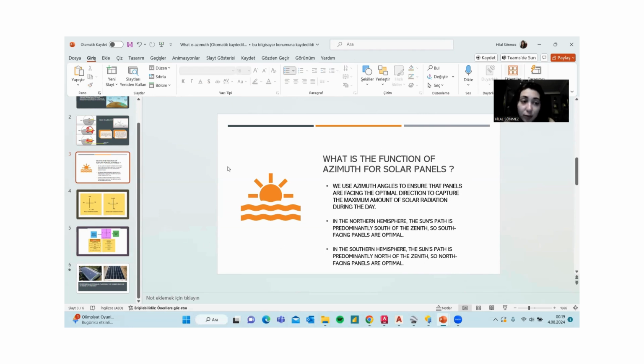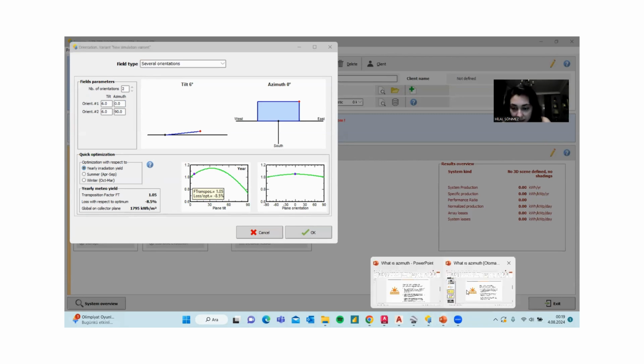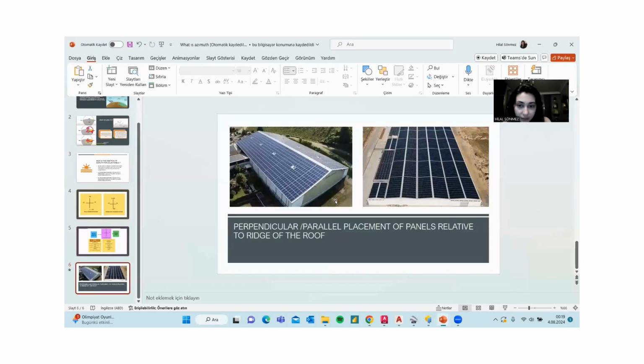When we come back to our PVsyst and come to the point where we calculate the azimuth, as you can see, we will calculate the azimuth of the panels, as you can see in this image, for both sides of the ridge of the roof.